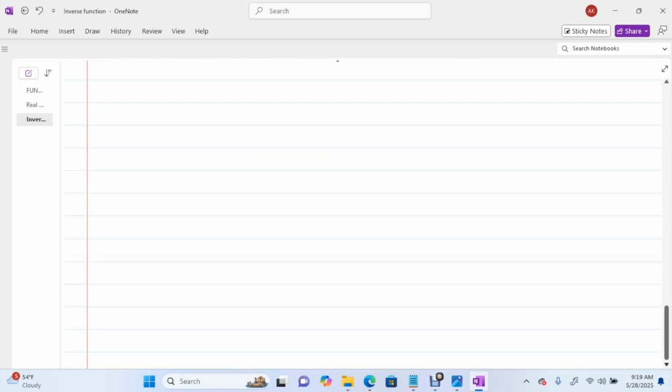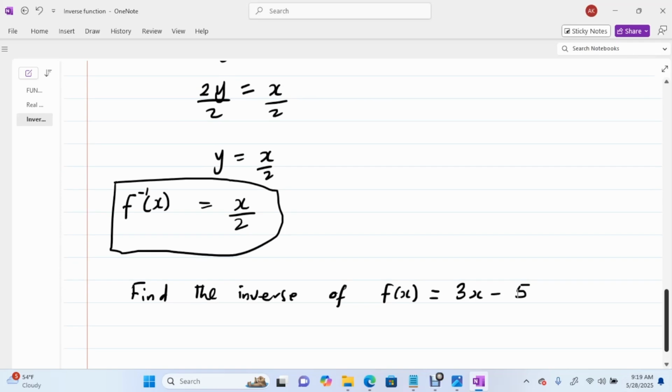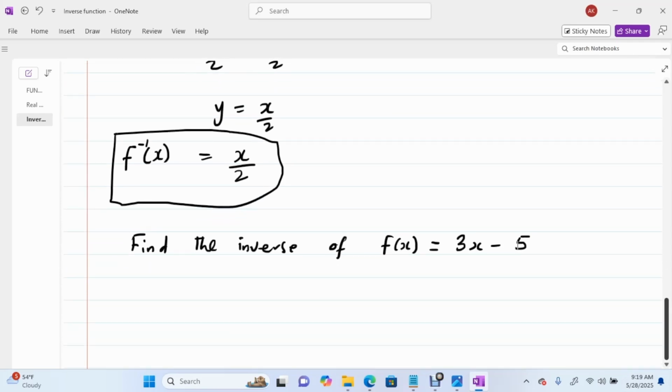To solve this question, we go with the 3 steps that I gave you. What was the first step? We said let f of x be equal to y. So we're going to have y is equal to 3x minus 5.